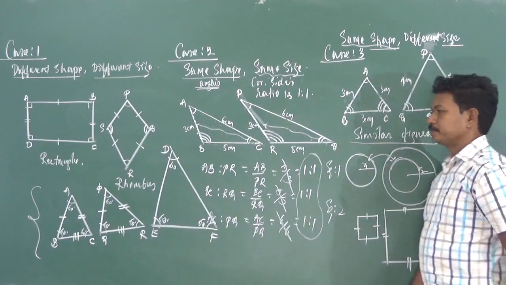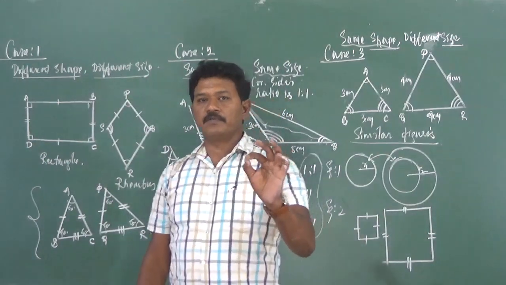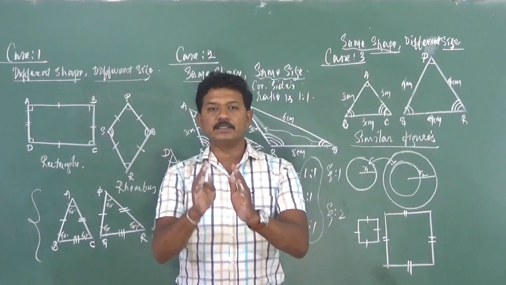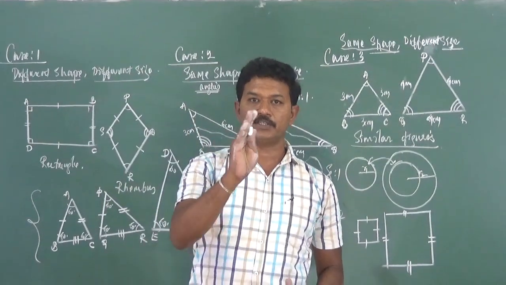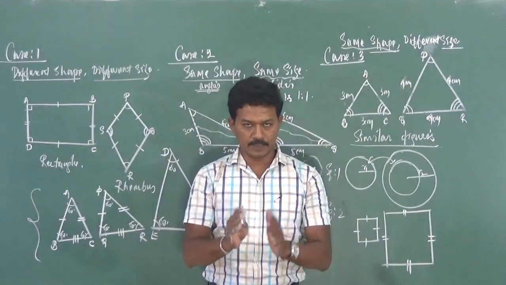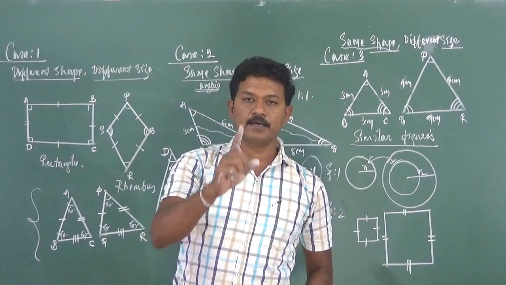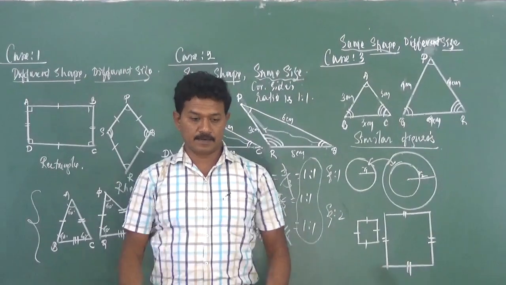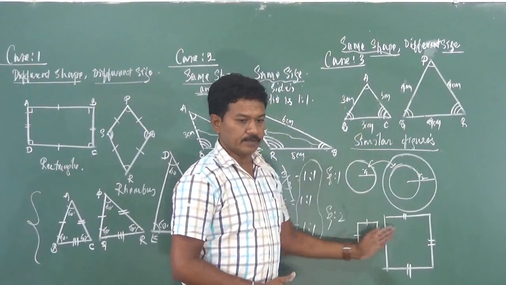So until now, we have discussed how two geometrical figures, based on their appearance with respect to their shape and size, become similar.